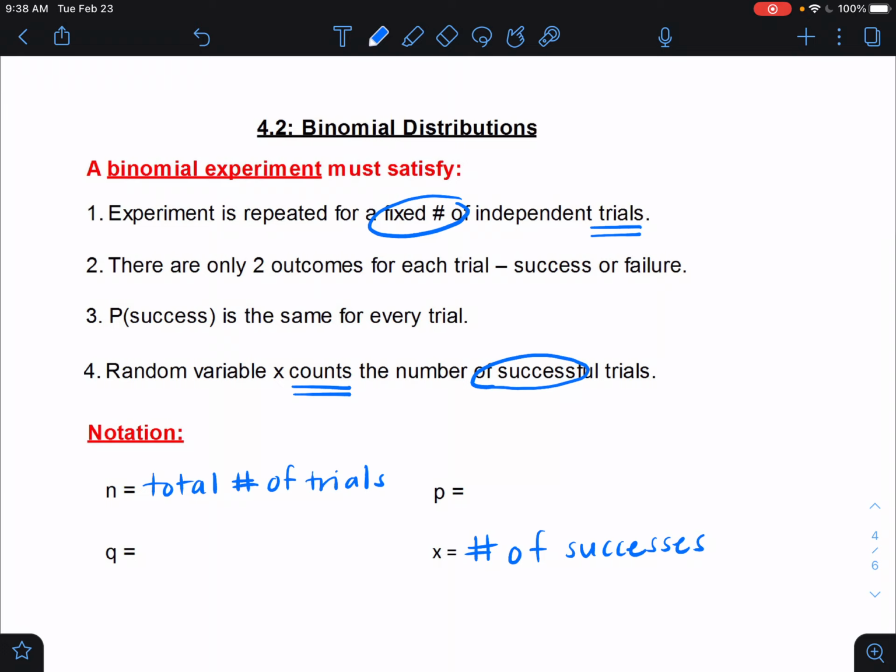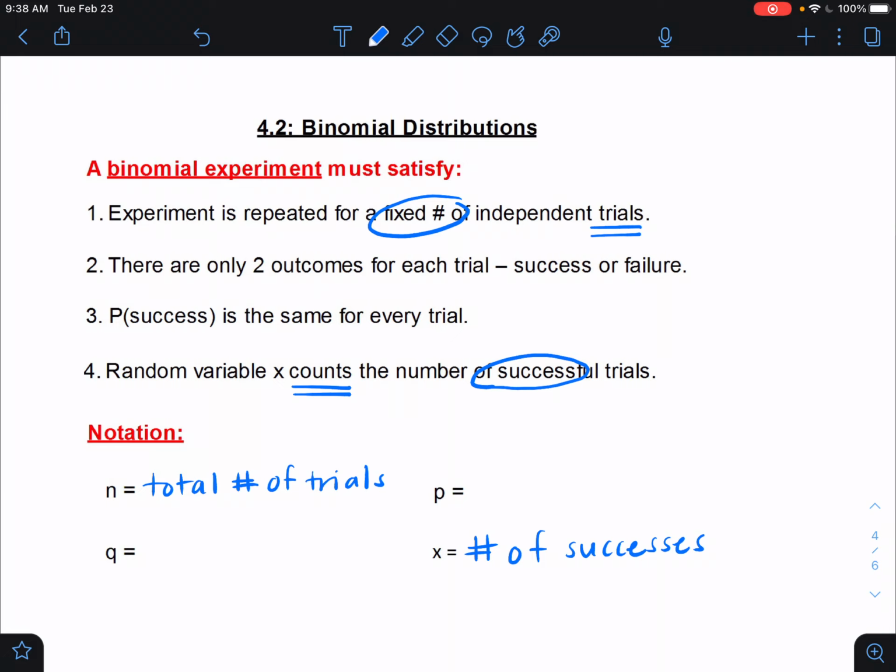All right, so when you're trying to figure out what a success is, look at whatever you're counting and define that as your success. All right, for example, maybe you're going to interview people and you're going to count the number of people who say yes to a certain survey question. All right, in that case, a success is that a person says yes to the question.